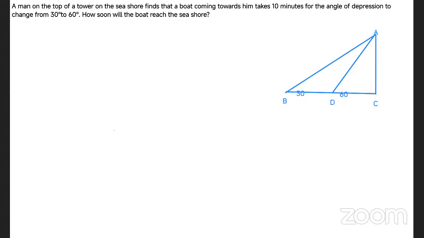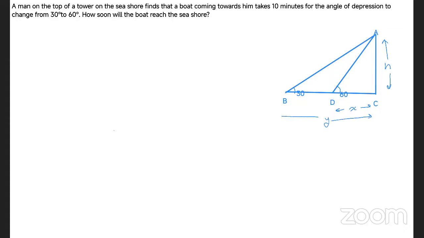This is marked as important. Now this is 60 degrees and this is 30 degrees. No distance is given, only time is given. The question is saying this is the height of the tower, which is also not mentioned. The distance DC is not mentioned. The BC distance is also not mentioned.